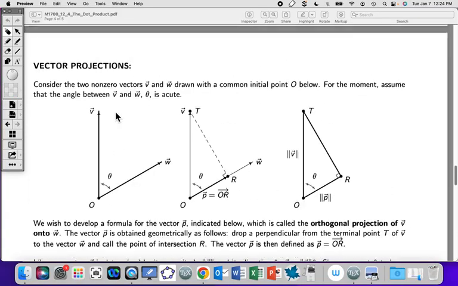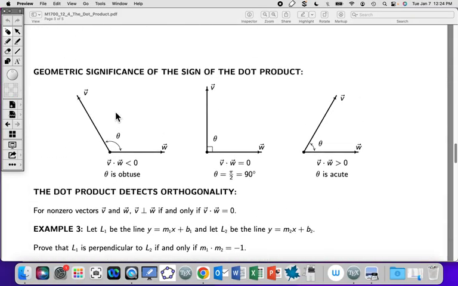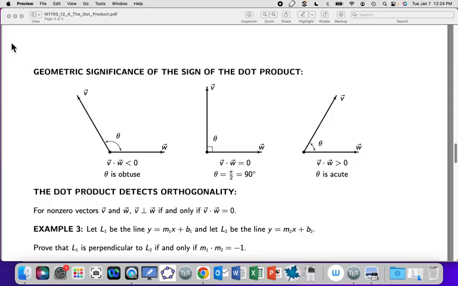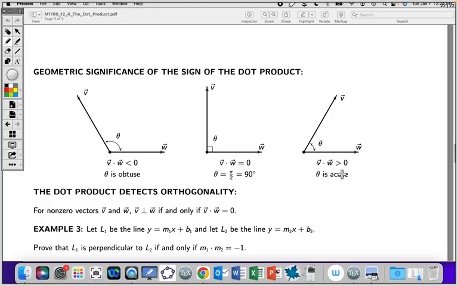So to go back to my last comment, if we go back to these 3 cases and I think about projections here, V dot W is positive. Notice that the projection vector here is going to have the same direction as W. Notice what happens if I try to project here. You get nothing, right? If I shine the light straight down, I get nothing.